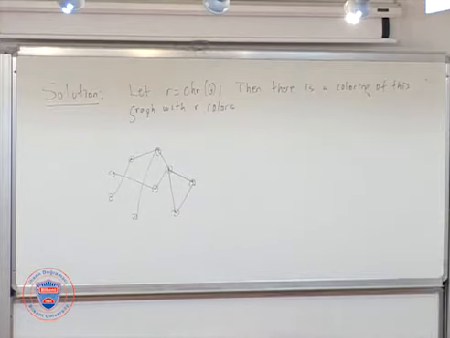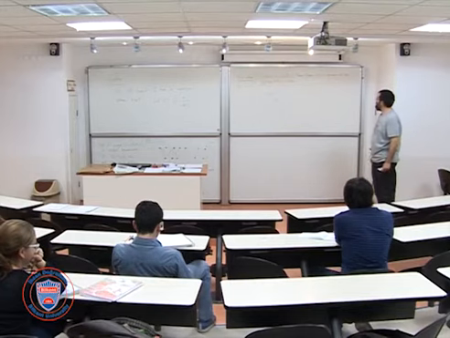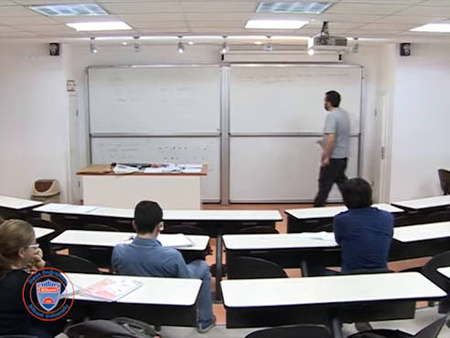So the rule about coloring was that the vertices which have an edge between them cannot get the same color. They have to be colored in different colors.